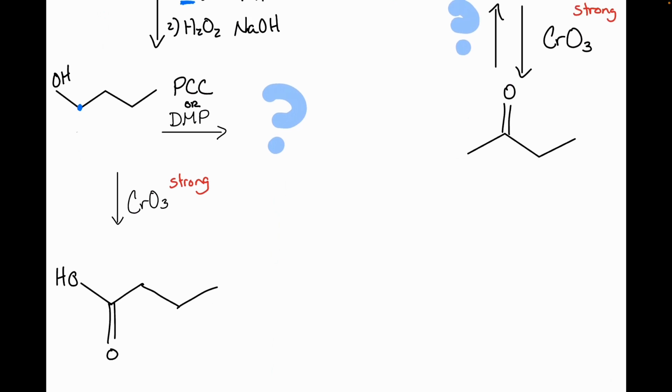If I used PCC or DMP, these are also oxidizers, but they are considered to be weak oxidizers, which means that they would only oxidize that first step to an aldehyde, and then they stop. They're stuck there.